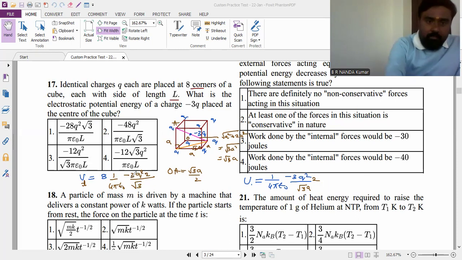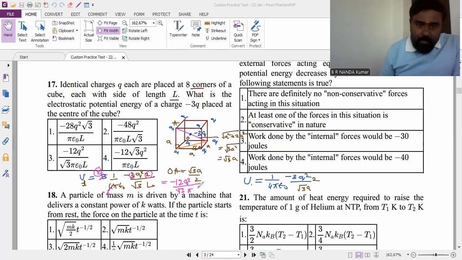Here the side is given as L, so choose L. Four 1s, four 2s: 2 into 2 is 4, 4 into 3 is 12. So it is minus 12 Q square divided by root 3 pi epsilon naught L. The right answer is the third option.